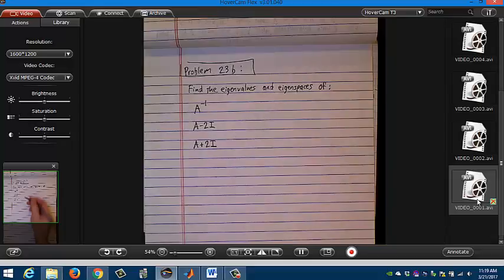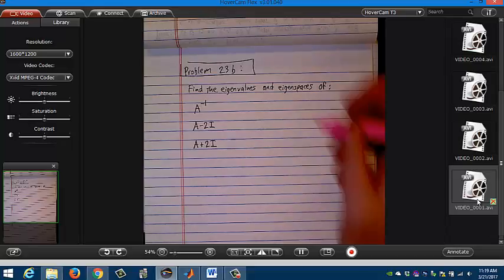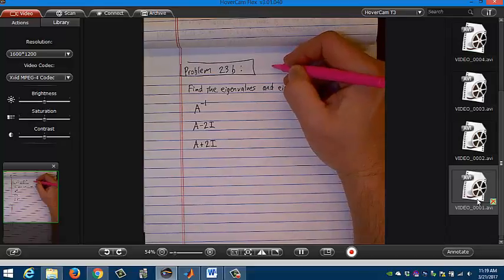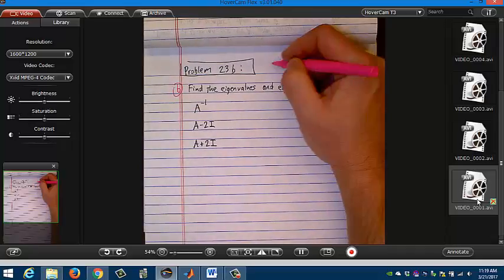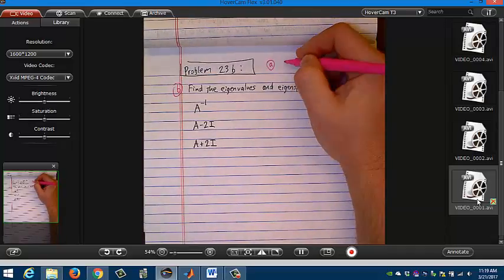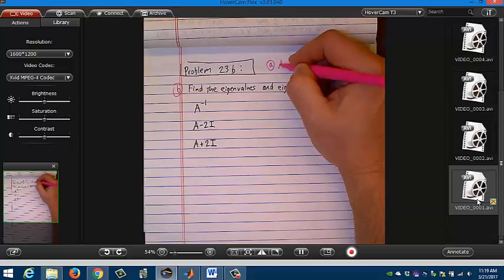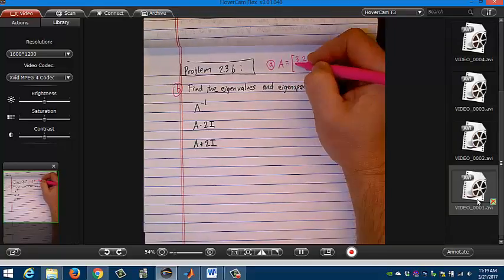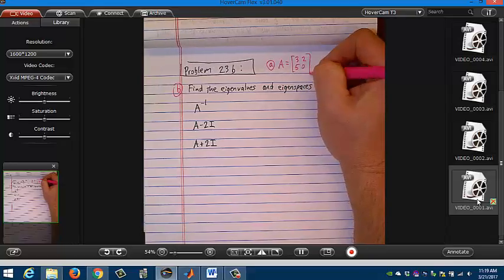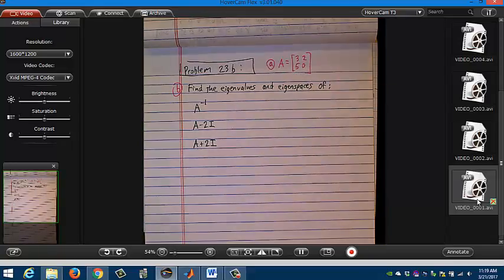Okay. Well, I think the easiest one for us right now. Oh, and by the way, you already did this in part B. You already did part A? Yep. Okay, so part A, you had A was 3, 2, 5, 0. Can you give me the answers to part A? What are the eigenvalues?